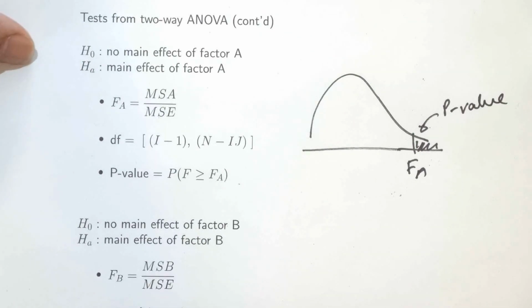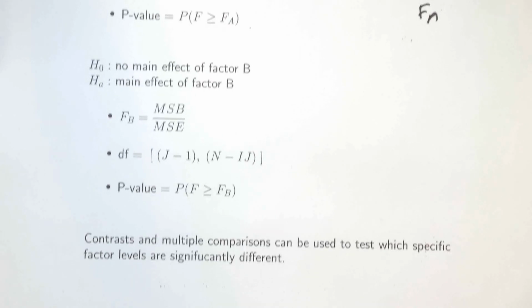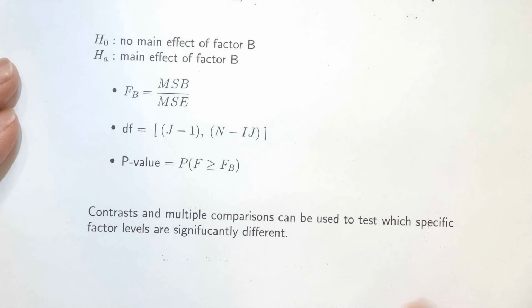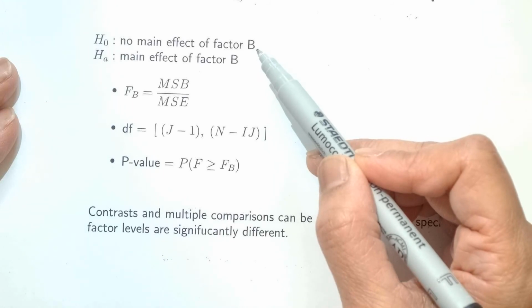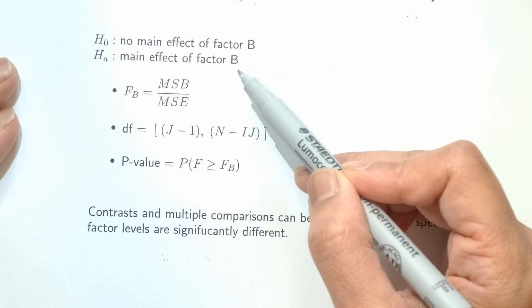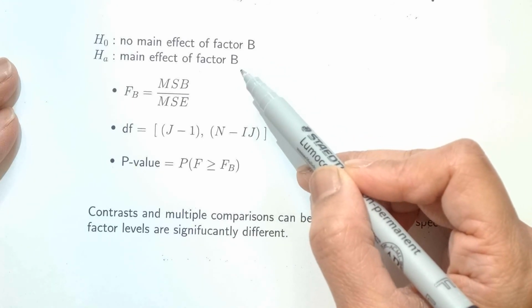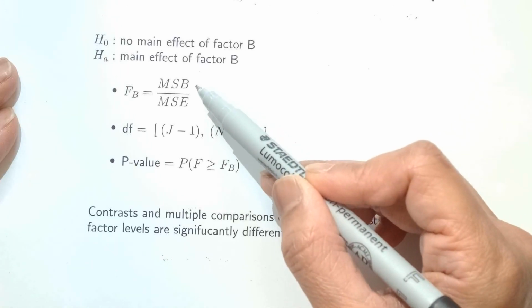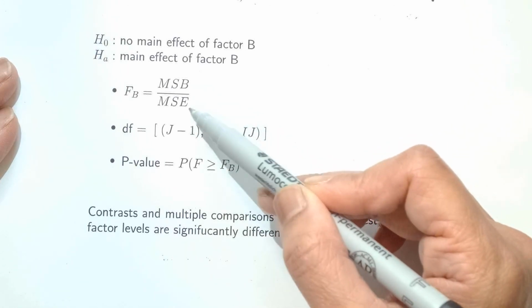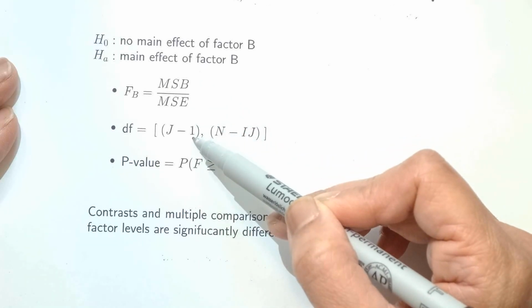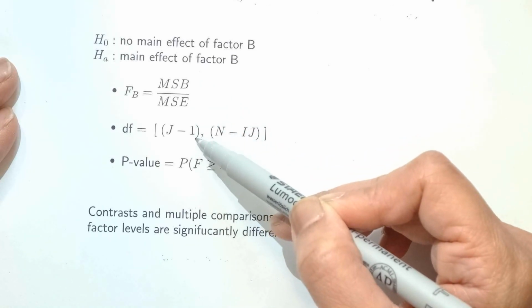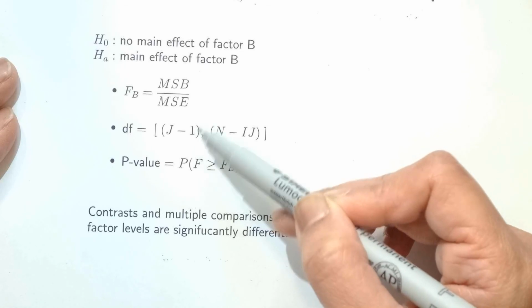For factor B, it's the exact same story. The null hypothesis is no main effect of factor B, against the alternative of the presence of a main effect for factor B. Our F statistic is the ratio of the two mean squares, but mean square B has J minus 1 degrees of freedom associated with it, so that's our numerator degrees of freedom.